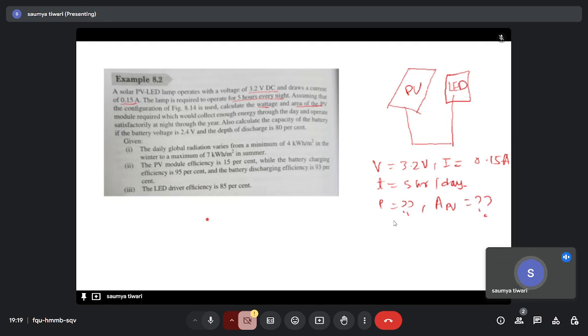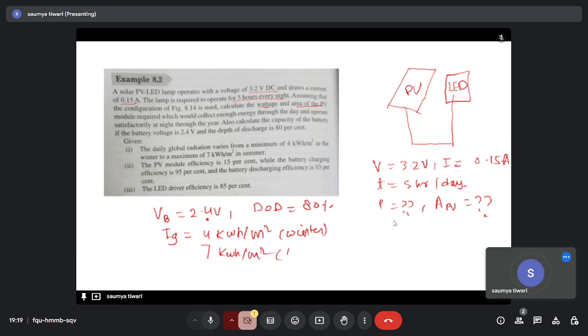Now what else is given? The voltage of the battery is given 2.4 volt and the depth of discharge is given 80%. Other than that, your global radiation was given 4 kilowatt hour per meter square in winter, and in summer it's 7 kilowatt hour per meter square.